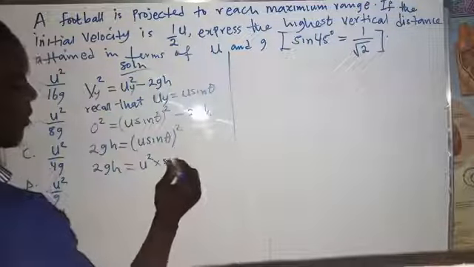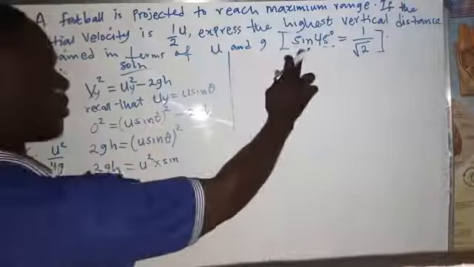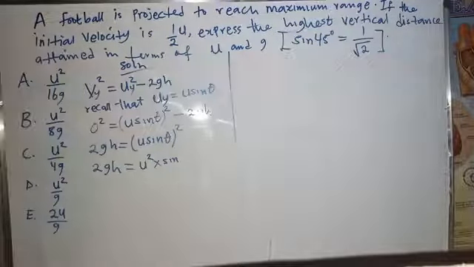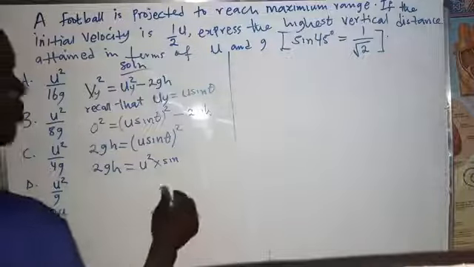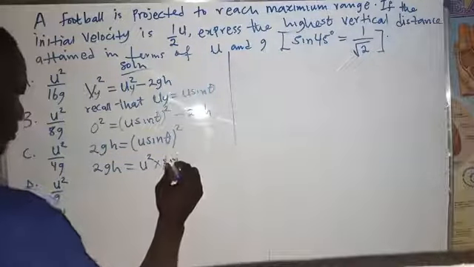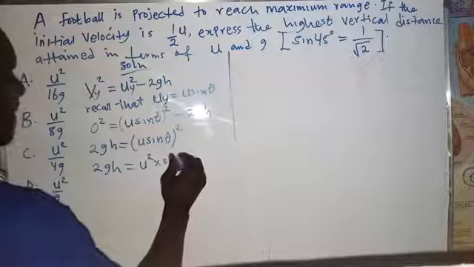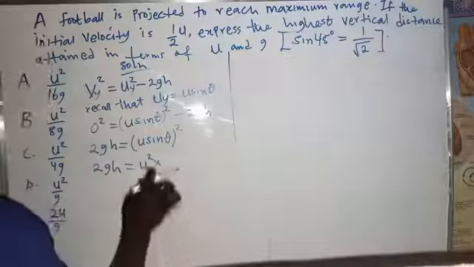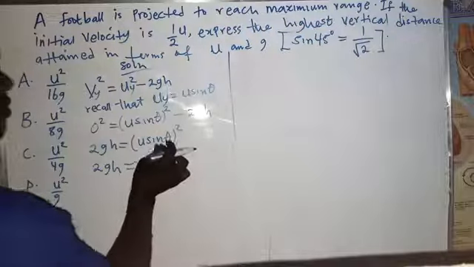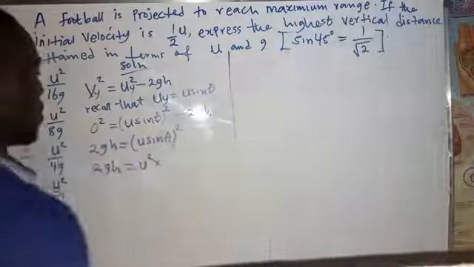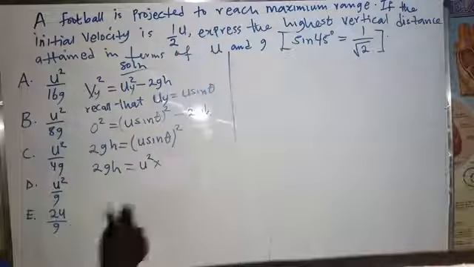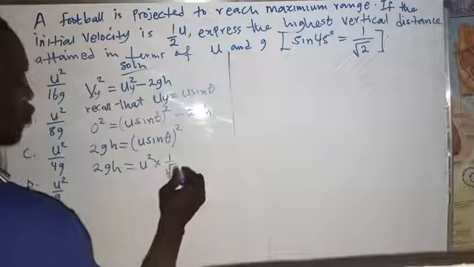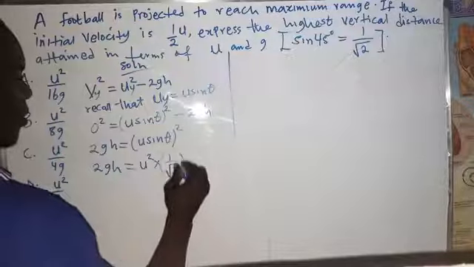Sine theta is equal to 1 all over root 2, so we're going to have 1 over root 2 all squared.